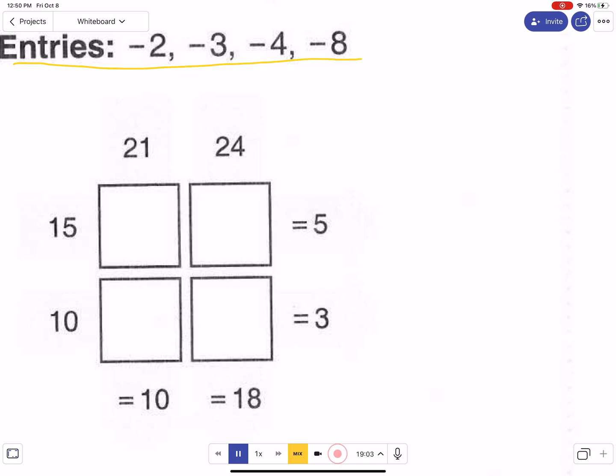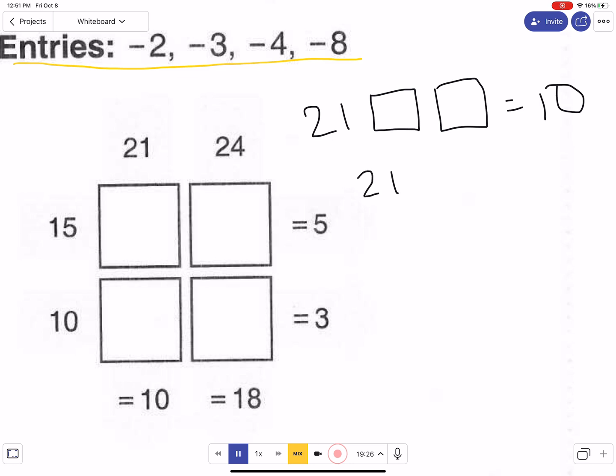So let's see, let's work on this column first. So to get from 21 to 10, what do we have to subtract by? Because we're getting from a bigger number to a smaller number.